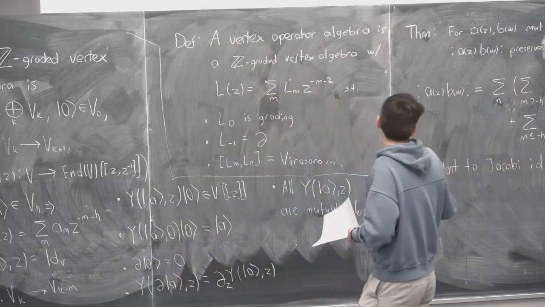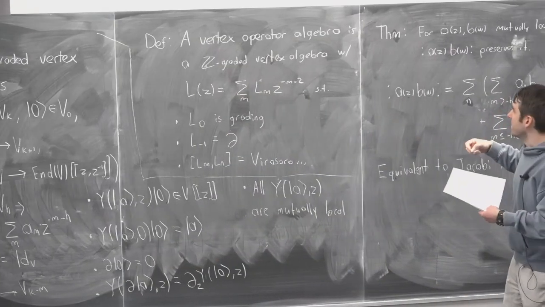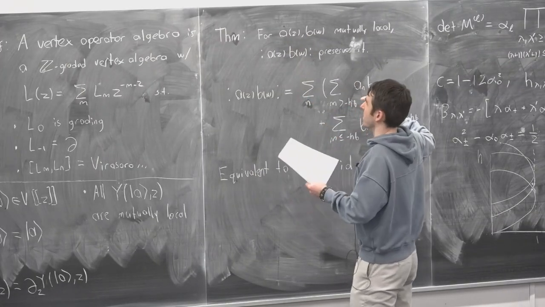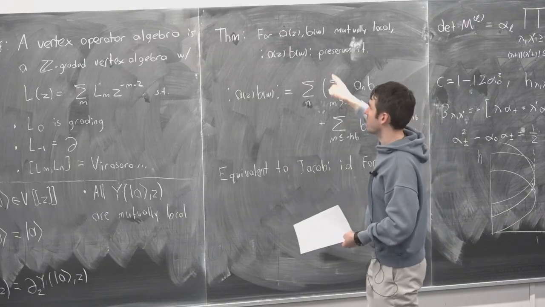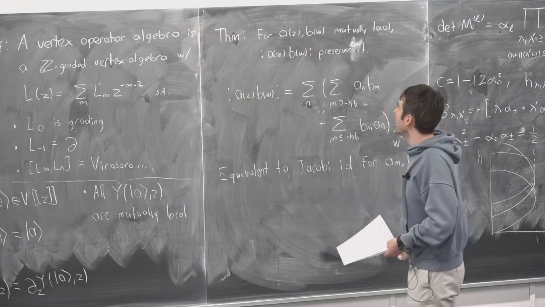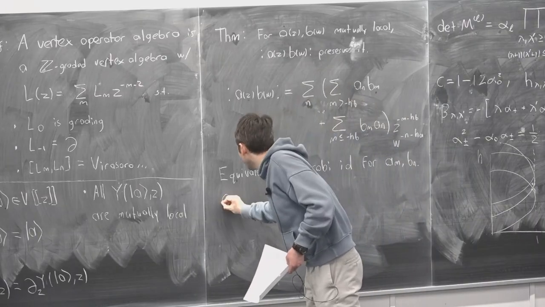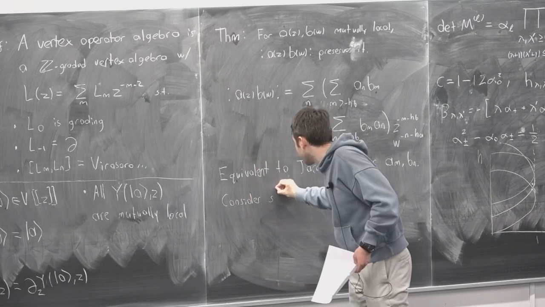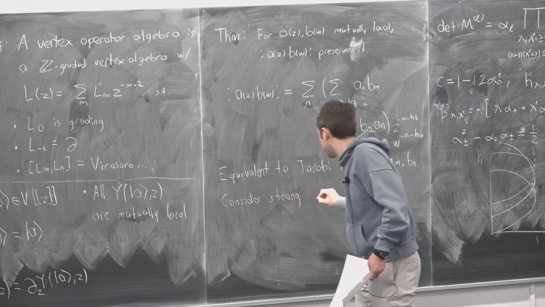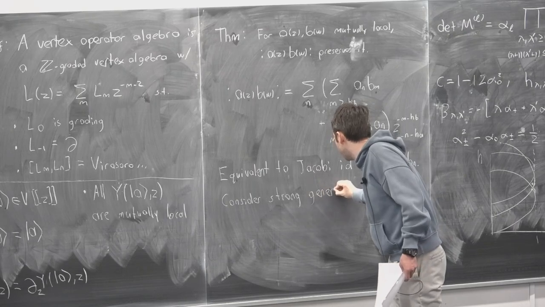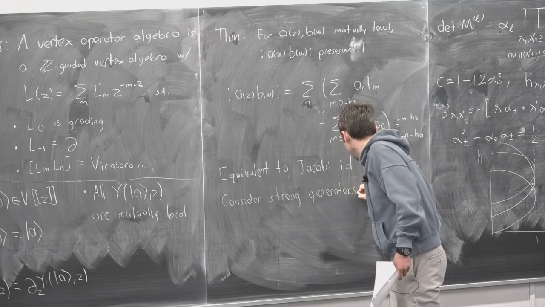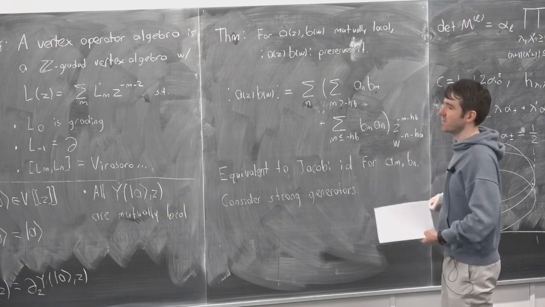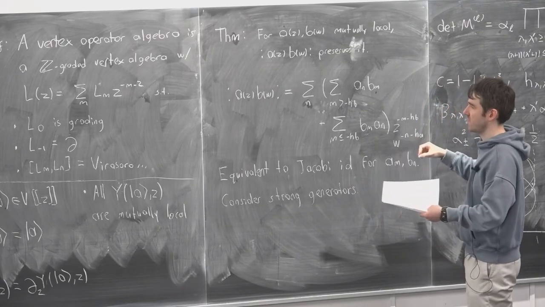We can try to define things such that all the work is done for a finite number of fields, and then all of the other fields we might expect to consider are just normal ordered products of them. So that motivates us to consider strong generators. That is the fields that you can use to build any other field if you successively take normal ordered products and derivatives.